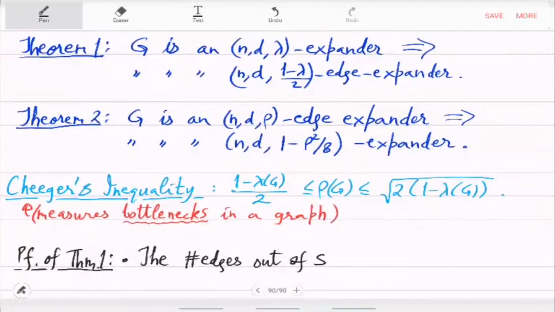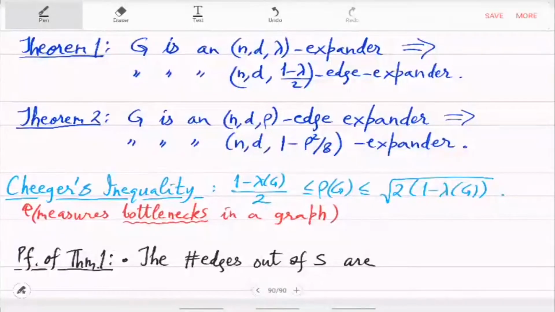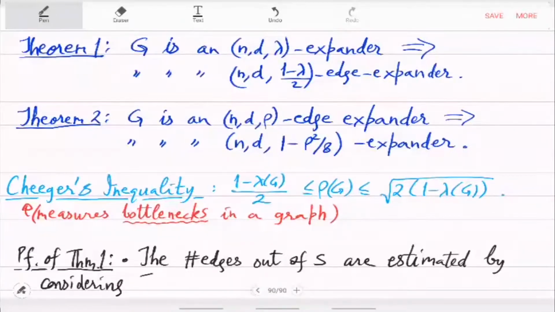Its evaluation will measure how many edges go out of S. So the number of edges going out of S are estimated by considering this Z quadratic form, which is Aij times (xi minus xj) square, and Aij is the adjacency matrix. Okay, so just go over all the vertices.